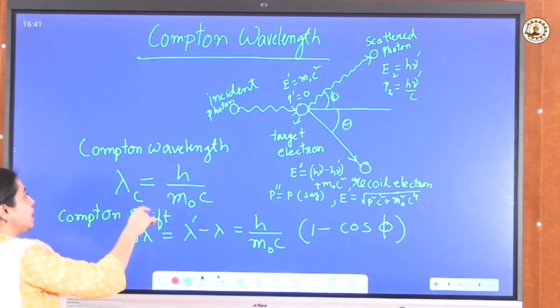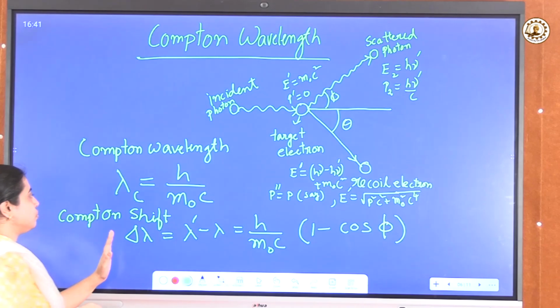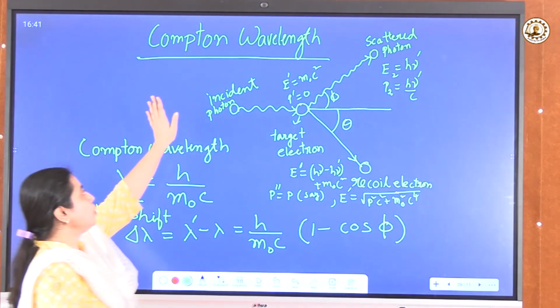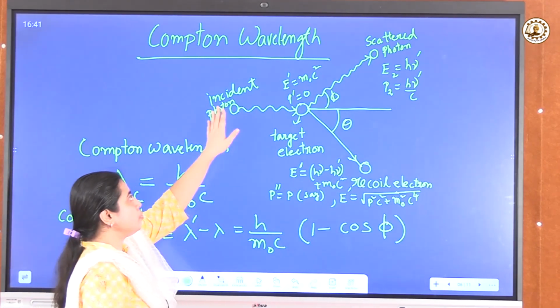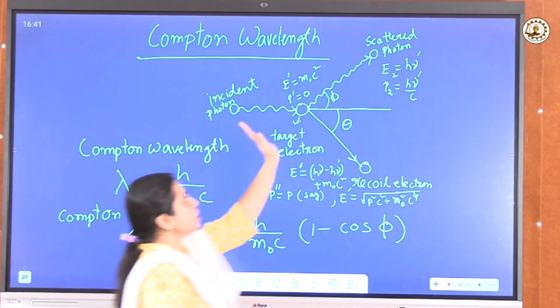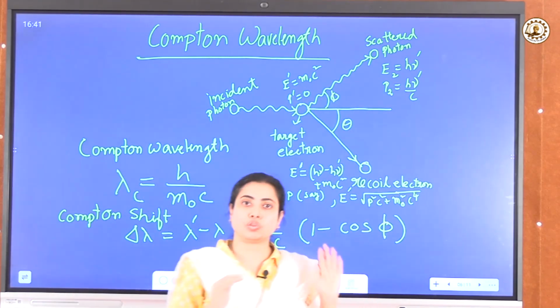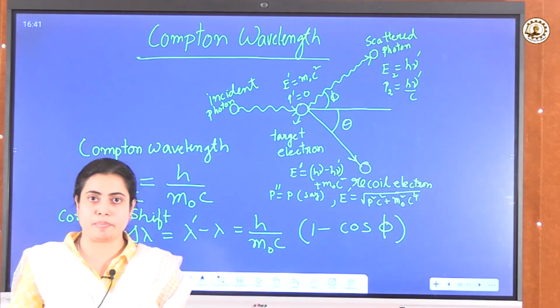From here, the Compton shift means that the wavelength of the photon before scattering and after scattering will not remain the same.